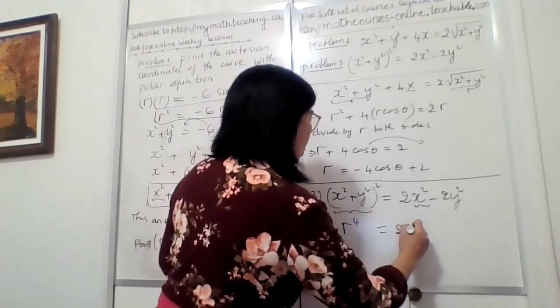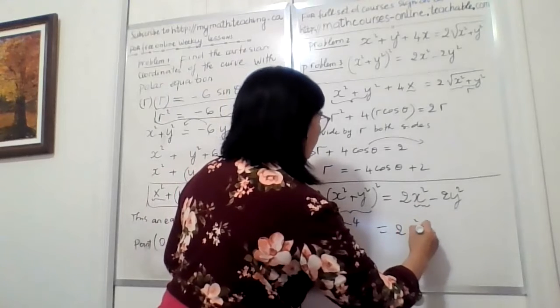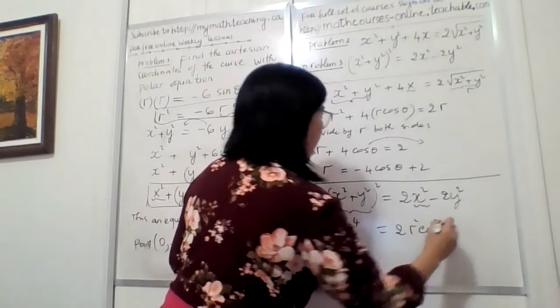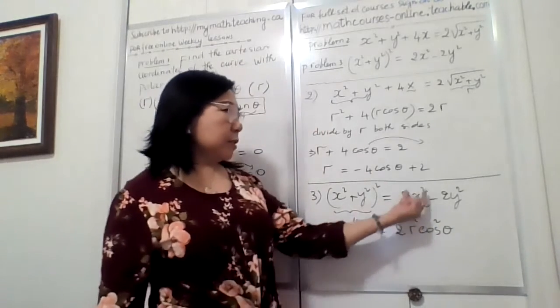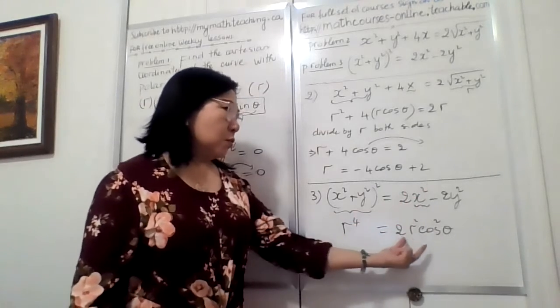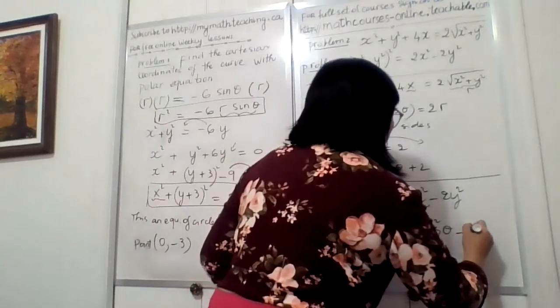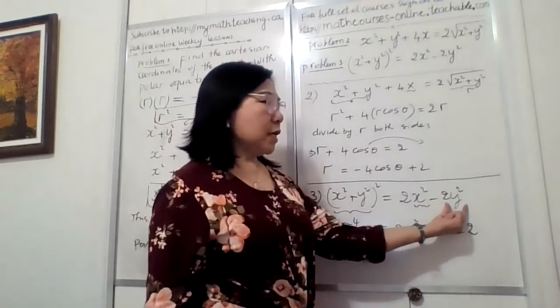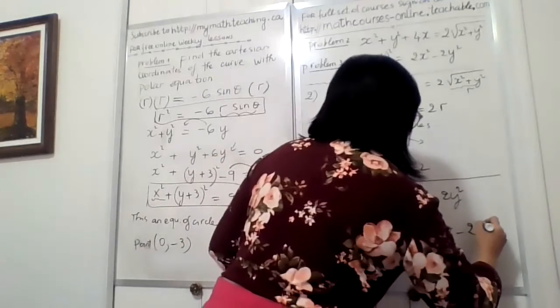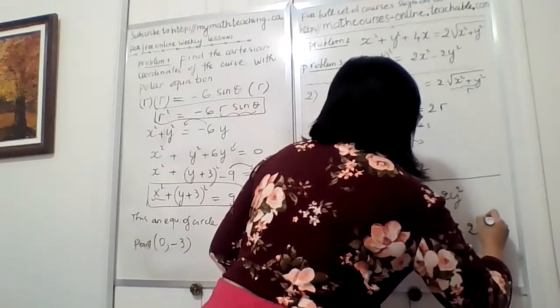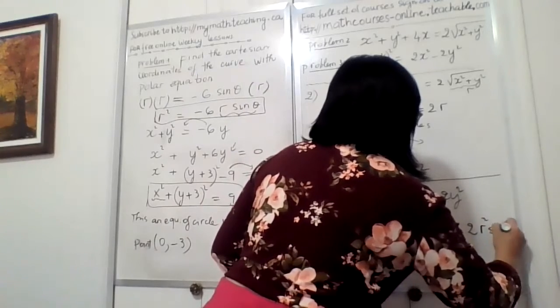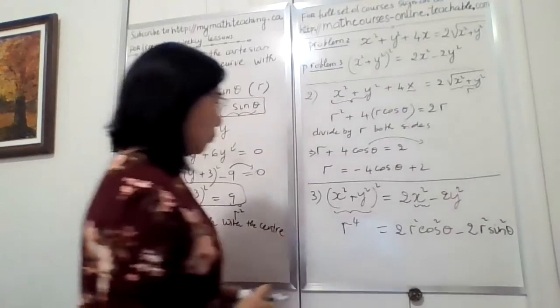So it will be equal to r squared cos squared theta, because it's not an x, but it's x squared. So it has to be this. Minus 2, the same for y squared, I'm going to change into sine theta, so 2r squared sine squared theta.